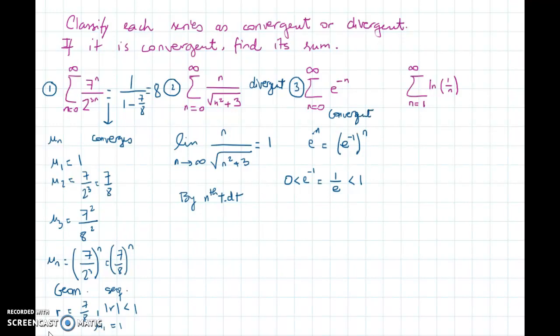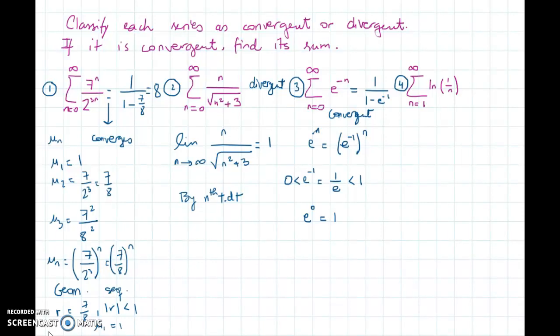To find the sum, we want to also write down the first term of the sequence, e to the power of 0, and that is 1. So the sum of this convergent series is 1 over 1 minus e to the minus 1. But we don't need to simplify this, we can leave it like that.